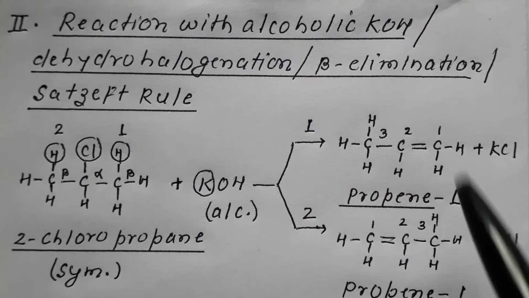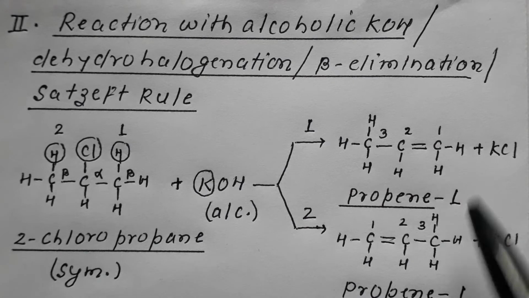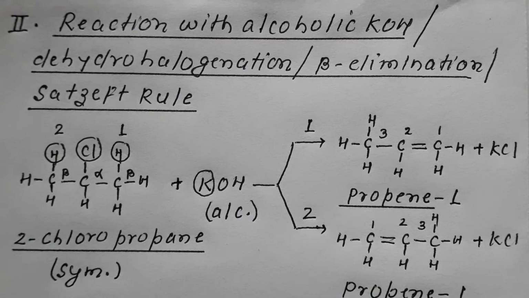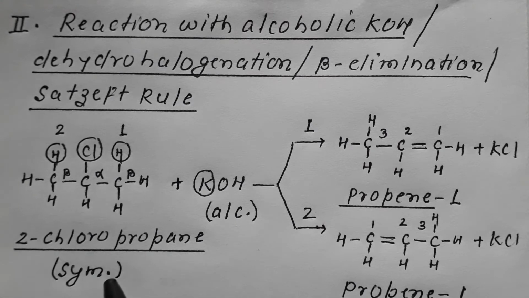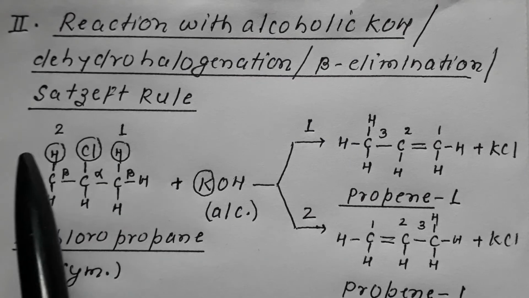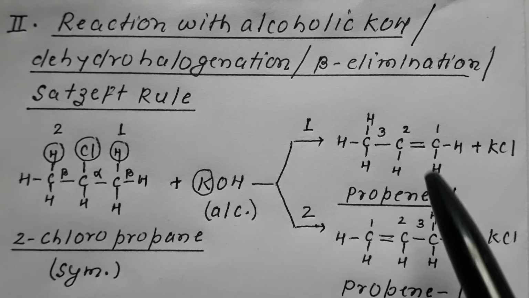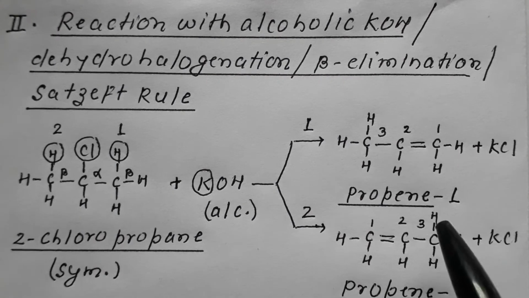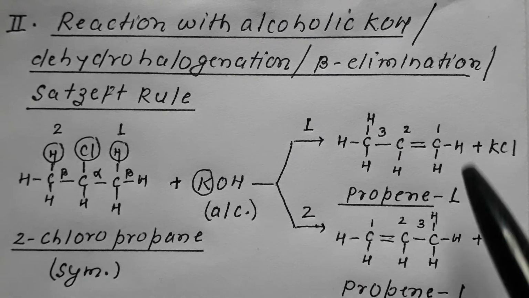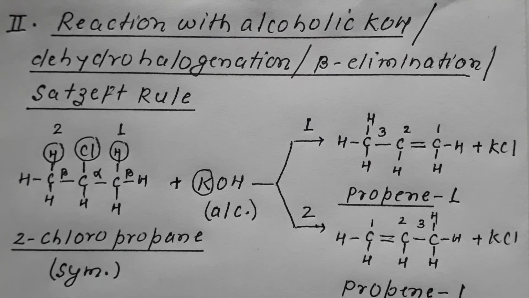The product is propene when hydrogen number 1 goes. It is again propene when hydrogen number 2 goes. This is because the parent molecule is a symmetric molecule. Therefore, whether this H goes or this H goes, the product is the same in both cases.